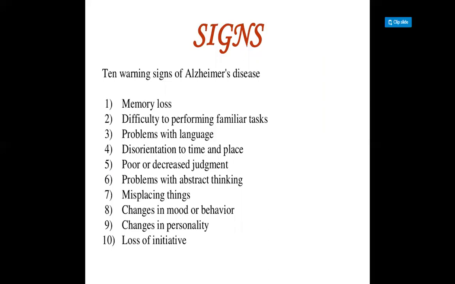Then problems with language, meaning the person with Alzheimer's disease is not able to talk properly, and another person is not able to understand what the patient is trying to say. Then disorientation to time and place, meaning the patient is not oriented to time, place or person.